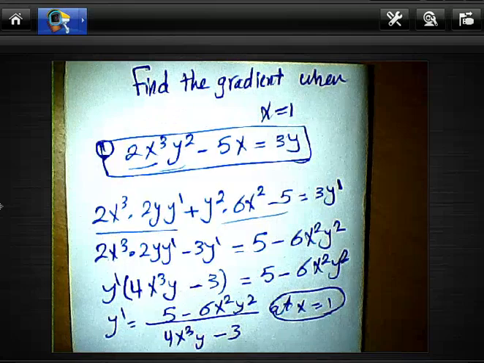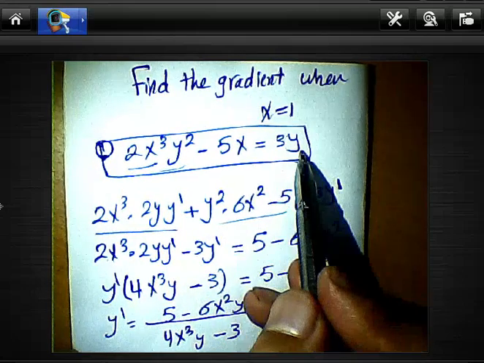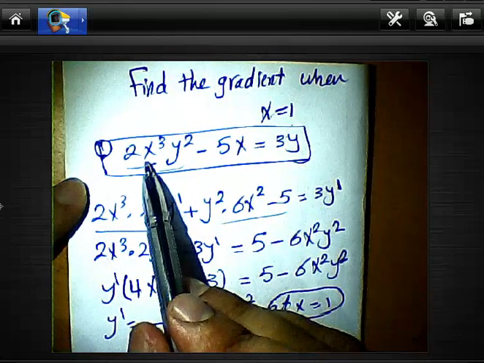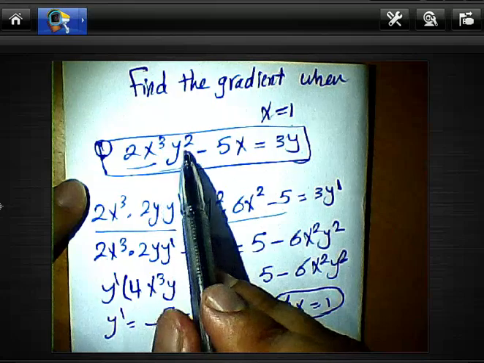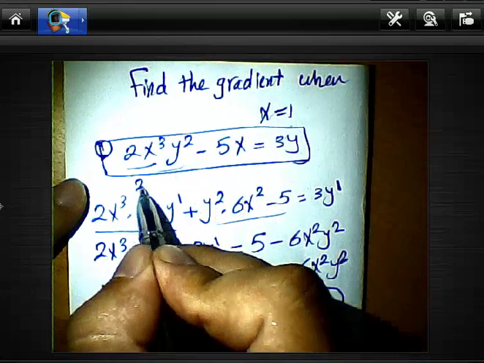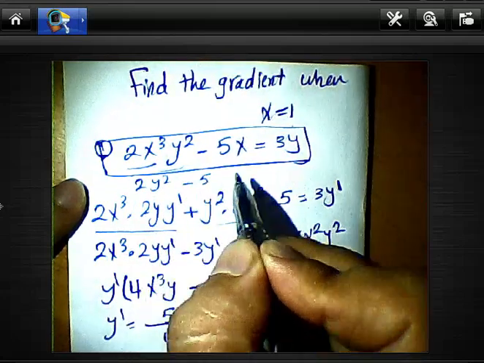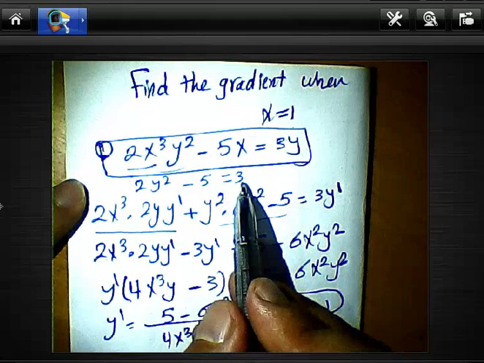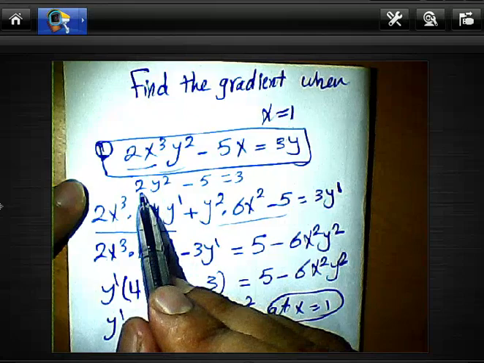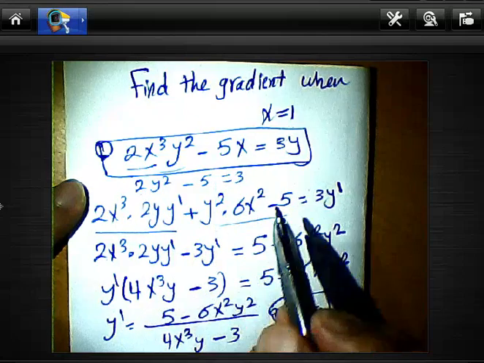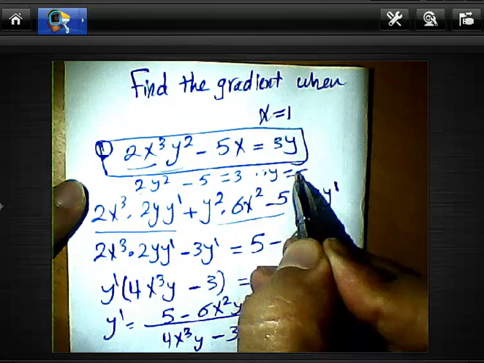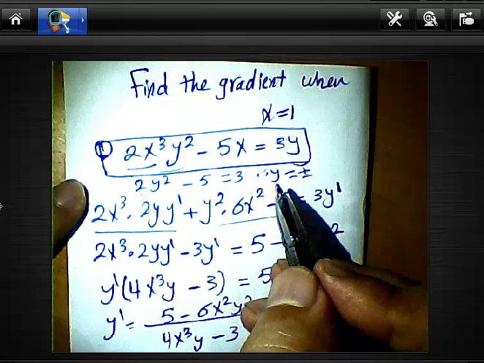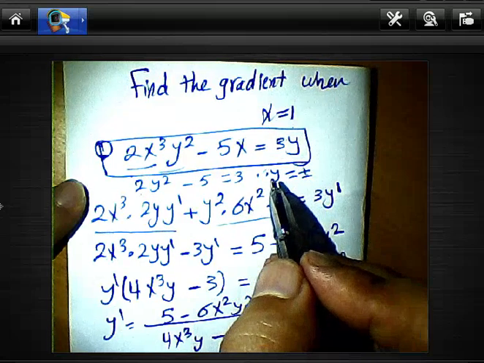When x equals 1, 2y^2 - 5 = 3y, so 2y^2 minus 5 equals 3 plus 5 equals 8, divided by 2 equals 4, then y^2 equals 4, so y will be positive or negative. The square root of 4 will be 2.